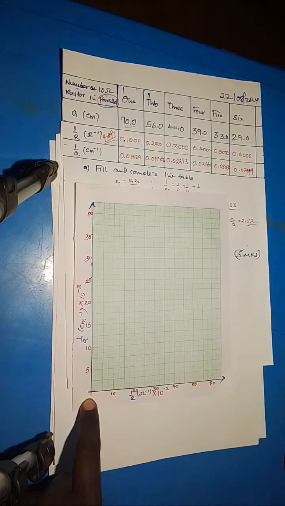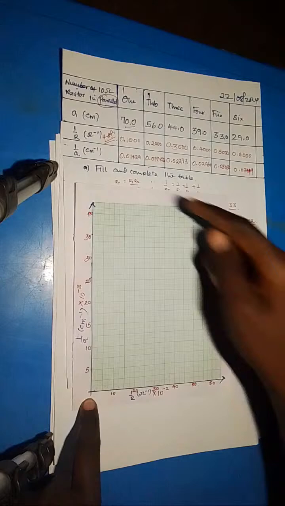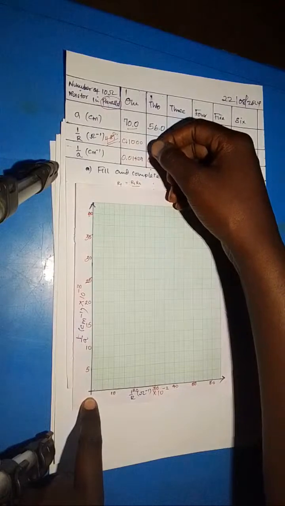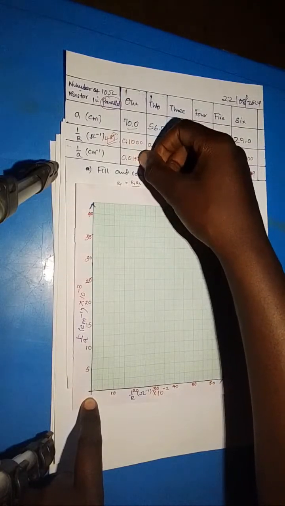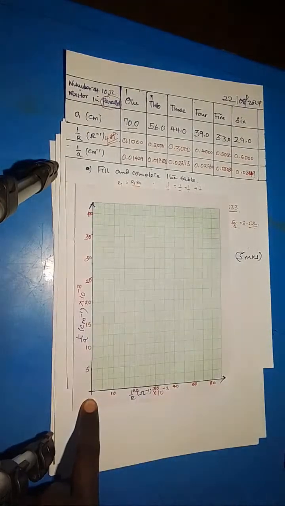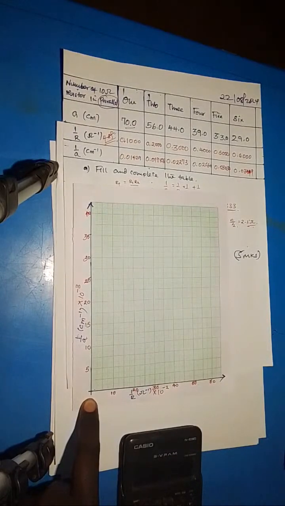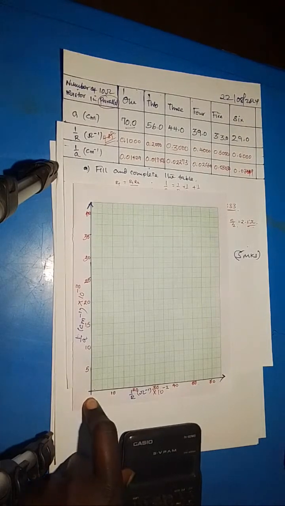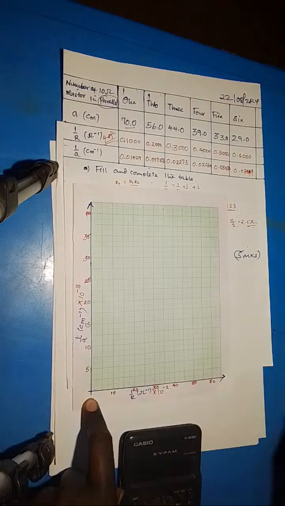Therefore, I will go by the first one, which is 10. From here, it is 10 times 10 raised to power negative 2 against 14. So from this scale, one small box is representing 0.25.